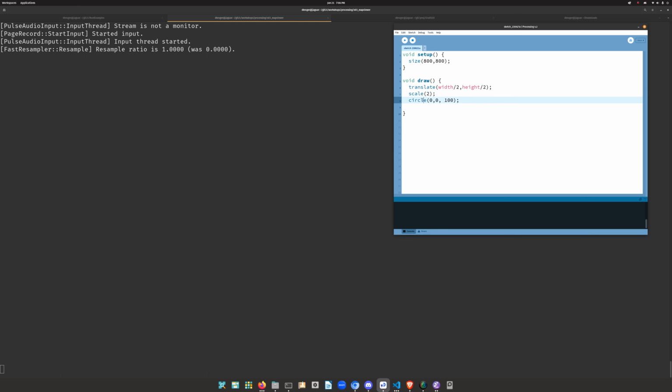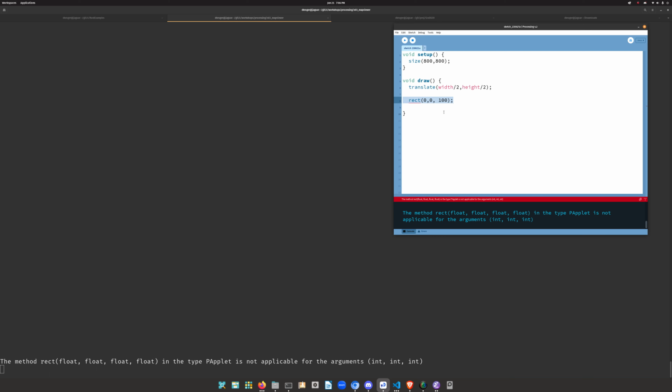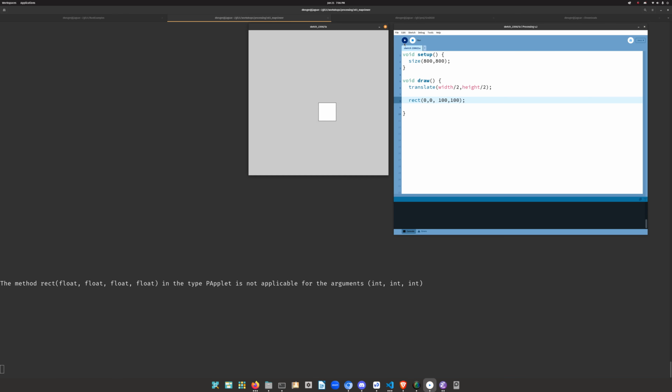But if I did a rectangle, that would not be true. Because the top left corner of the rectangle is at 0, 0. So, oops, sorry, I have to have 100, 100, right? So now you can see the top left corner is in the middle of the window.